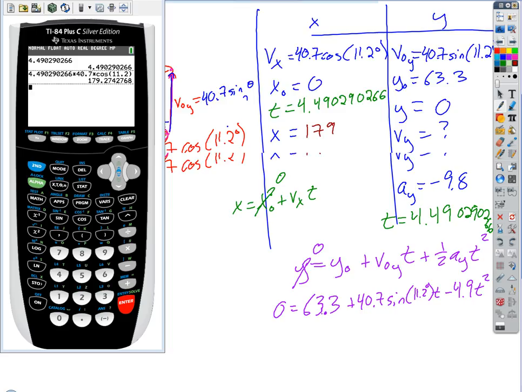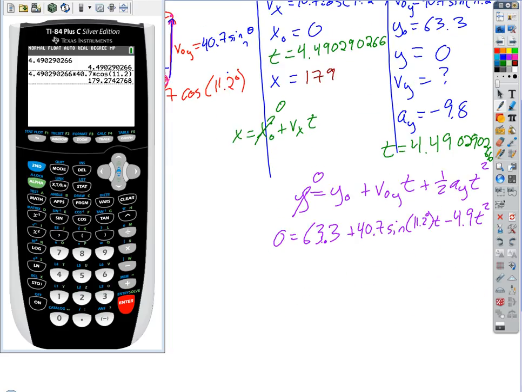Second part, okay. So to find the speed with which it hits the ground, we've got to solve for this guy. Okay, don't get sidetracked. Everybody see this? So we got to be able to fill that in. Well, what's the simple equation we're going to use to solve for v sub y now? v equals v naught plus at. There you go. v equals v naught plus at, right? So for us, with the y's, it's going to be v sub y equals v naught sub y plus a sub y t.